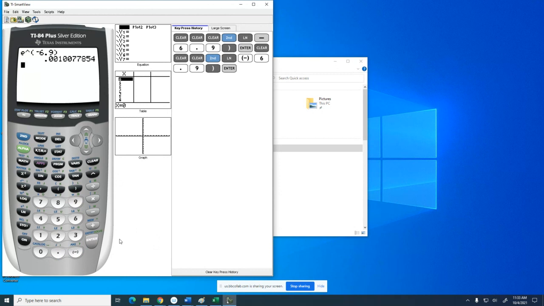Anybody who cannot find the E on your calculator? The E. Interesting. Let me tell you later.